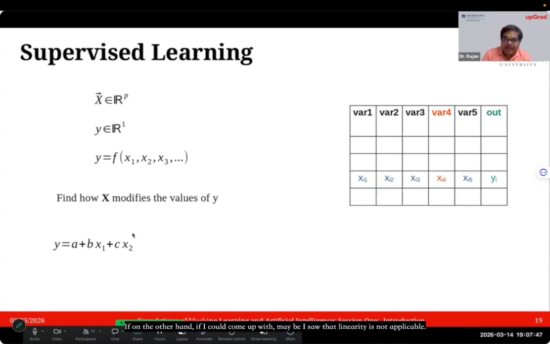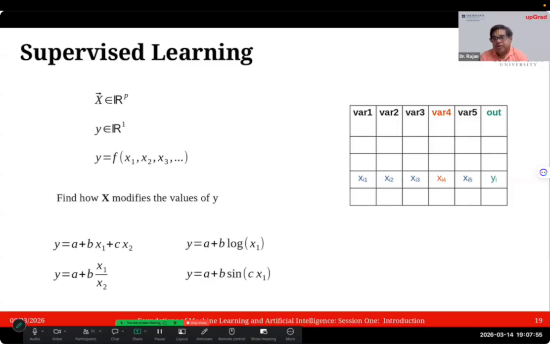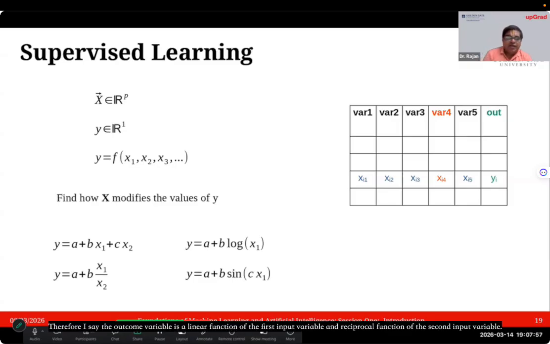If on the other hand I saw that linearity is not applicable, I might say the outcome variable is a linear function of the first input variable and a reciprocal function of the second input variable. Maybe that's a model I want to work with.